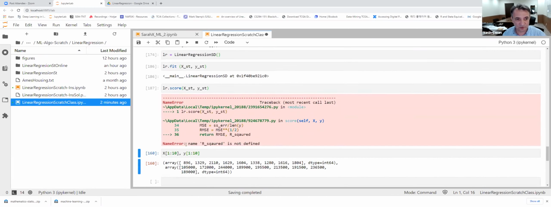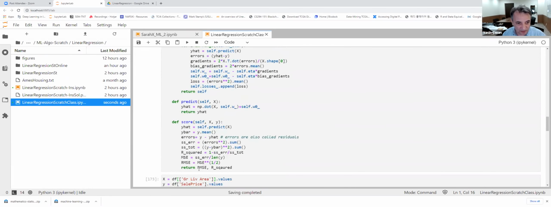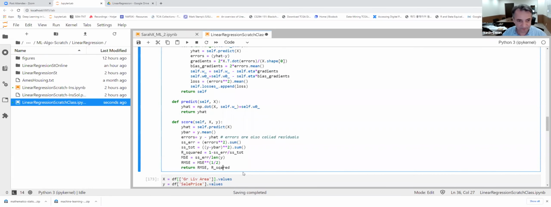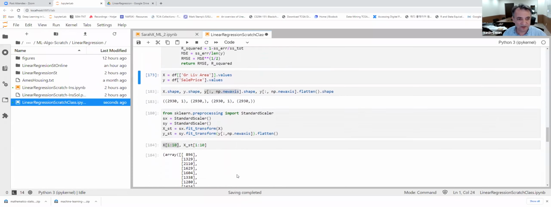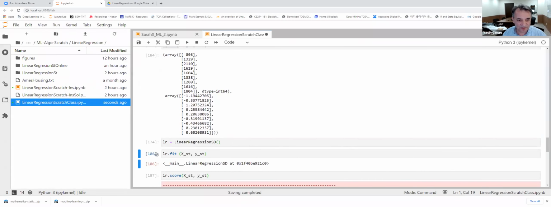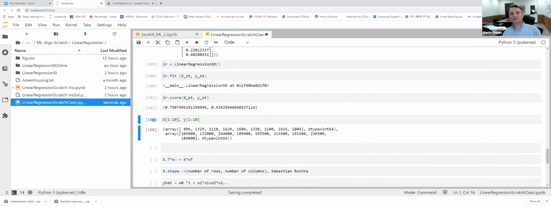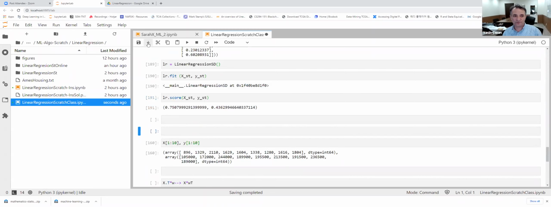And it gave me an R squared. I made a mistake here, R squared. See, the mistake that we are making is coming after us. Okay, I got it. All right, so it works.